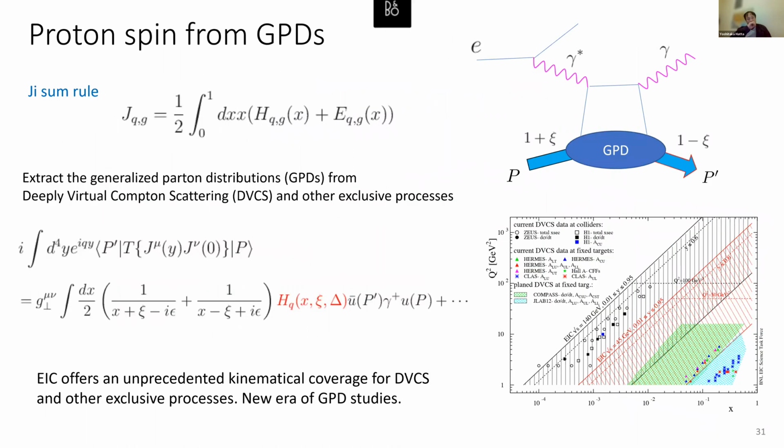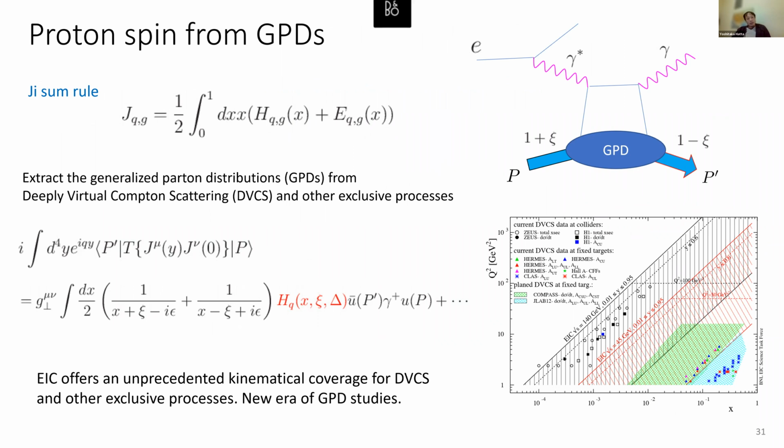Now, this GPD is interesting because it is related to the G-sum rule, which is another way to decompose the proton spin. Basically, the second moment of GPD H and GPD E is related to the total angular momentum of quark and gluon, the sum of the helicity and the orbital angular momentum. So this is the G-sum rule.